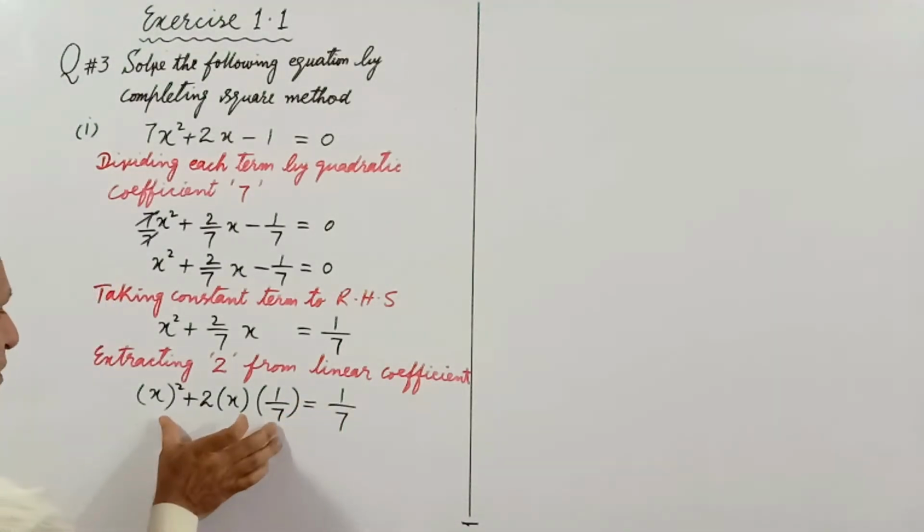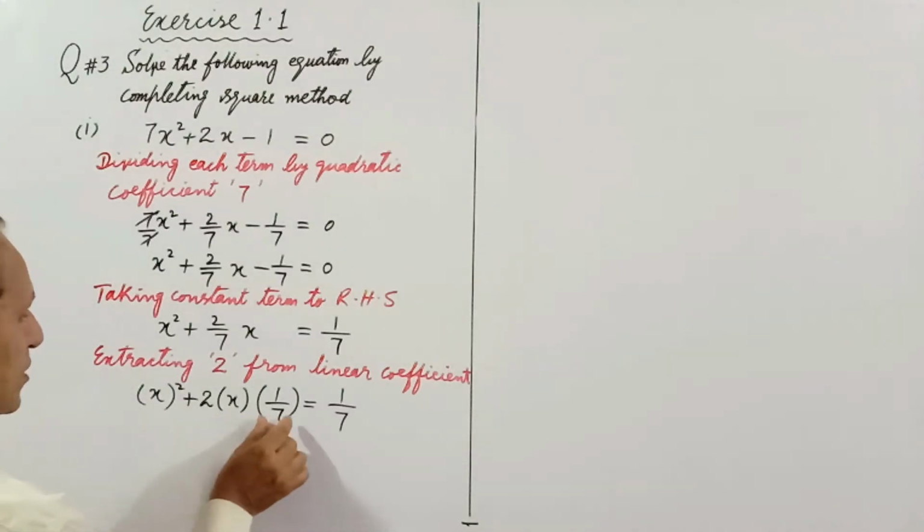To make this expression a perfect square, we need the square of 1 over 7 on the left hand side to be added.